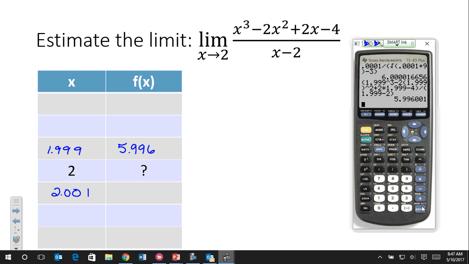Okay, now we're going to try it with 2.001. So second entry, and instead of 1.99, we're going to put in 2.001.